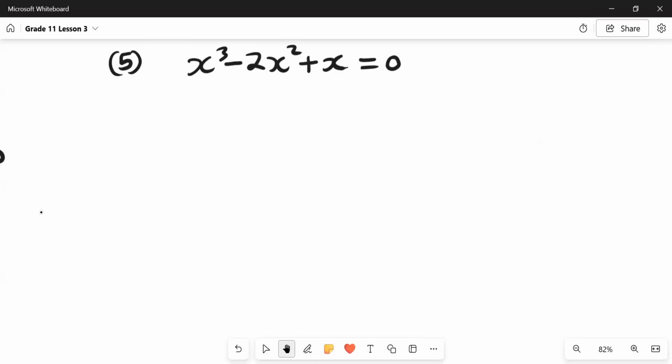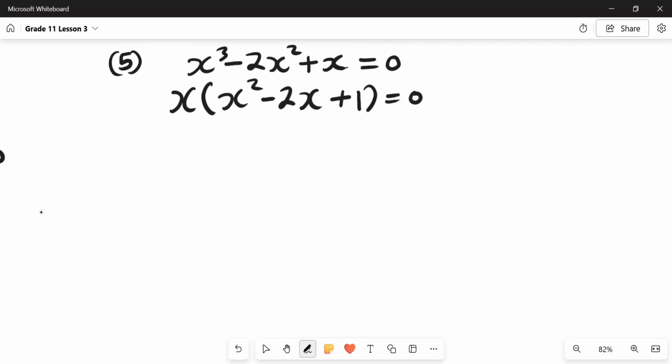So obviously we need to use polynomial division if maybe we're doing maths. But here in grade 11, what do you do? You just take out the common factor of x so that it can go down to a quadratic equation. So let's do that. Take out the common factor of x. Now you're left with x squared minus 2x plus 1 equals to 0. That's the first thing.